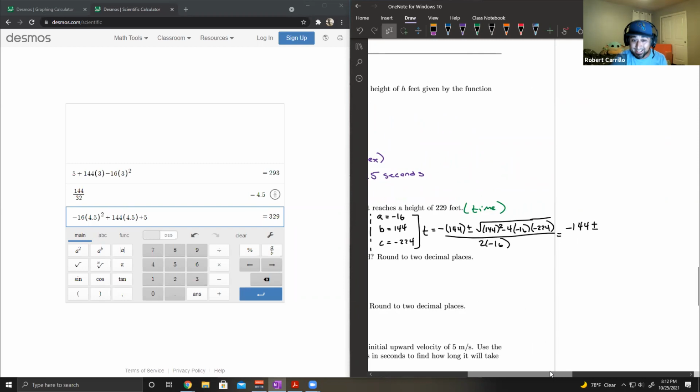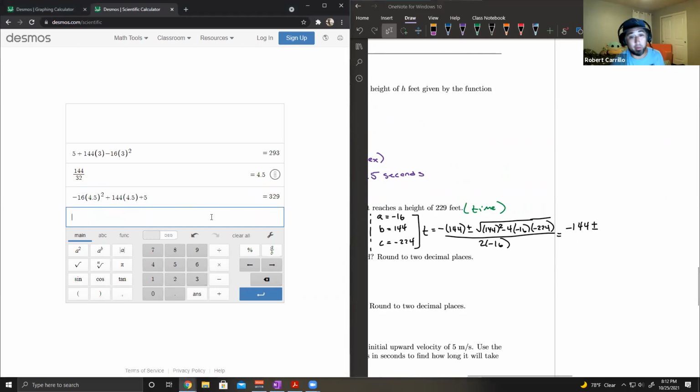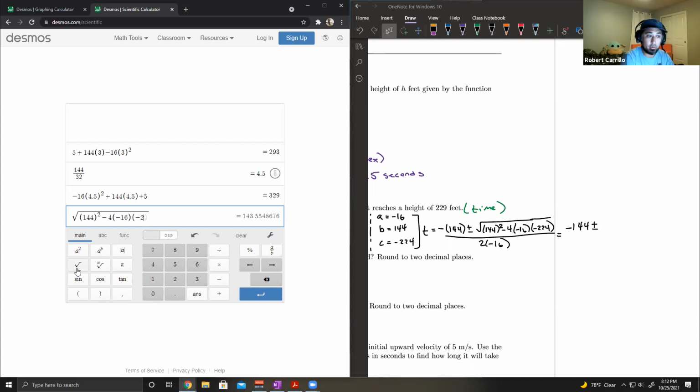And now inside, I'm actually going to calculate that over here because I don't want to write out what 144 squared is. So I'm just going to say square root 144 squared minus 4 times negative 16 times negative 224.